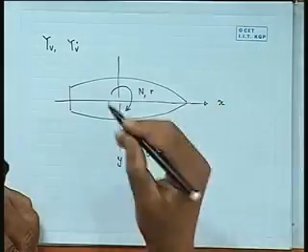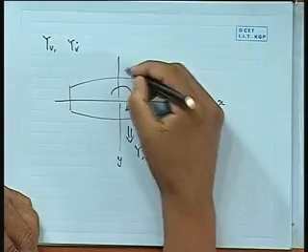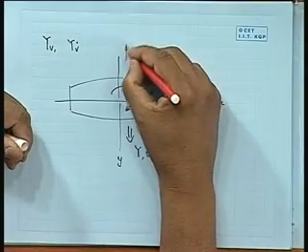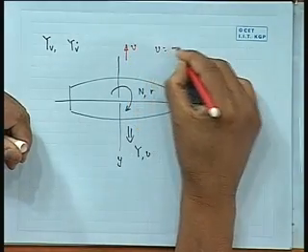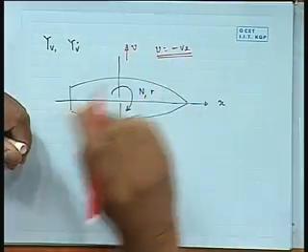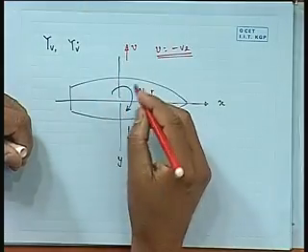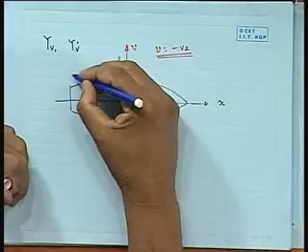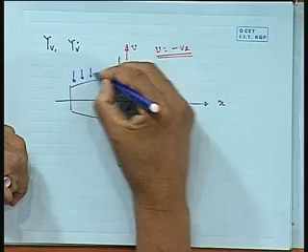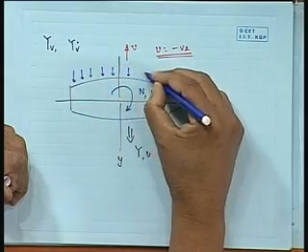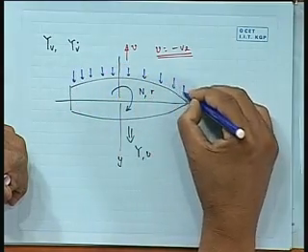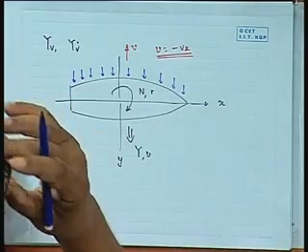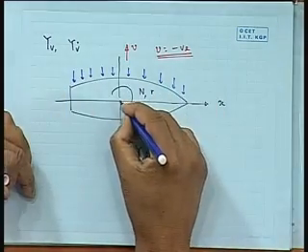Now let us say that I give a v in a negative direction. So v is negative. I have pushed the body on the other side. What would happen? You are going to get all the forces acting over the entire hull in this direction. That is agreed. Then what happened?